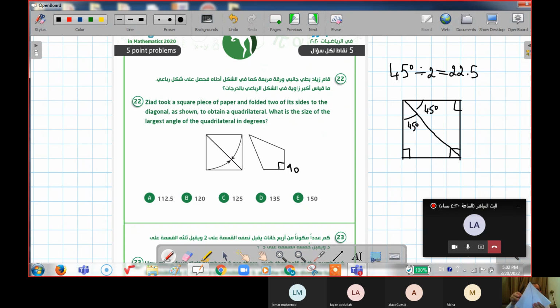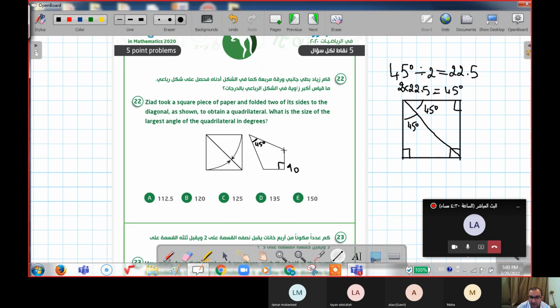So when I fold the paper from one side, it will be 45 degrees divided by 2, so it will be 22.5. The other part is the same thing. So I have now 2 times 22.5, which equals 45 degrees. So this one is 45 degrees.